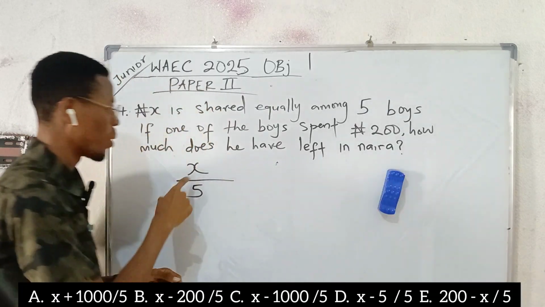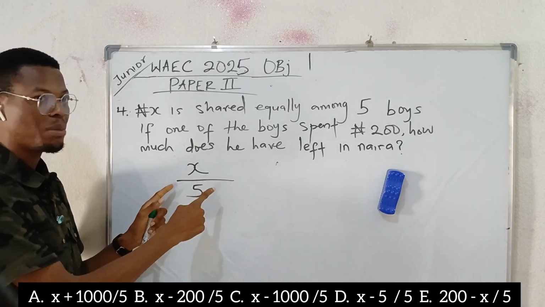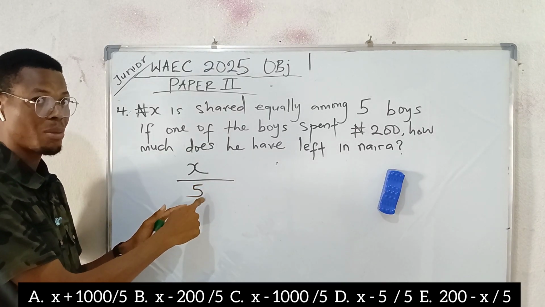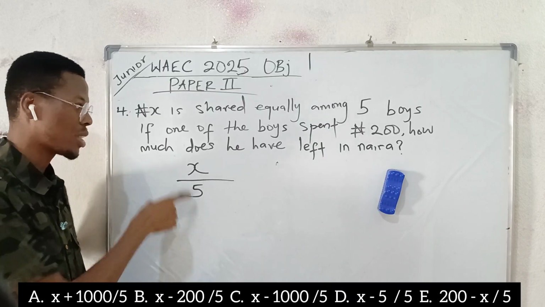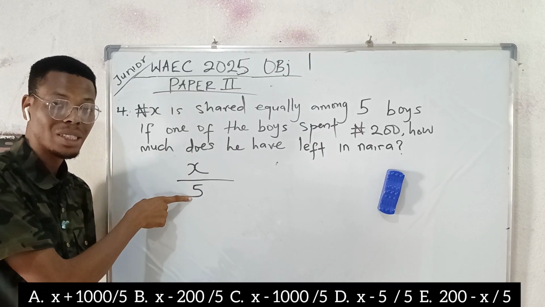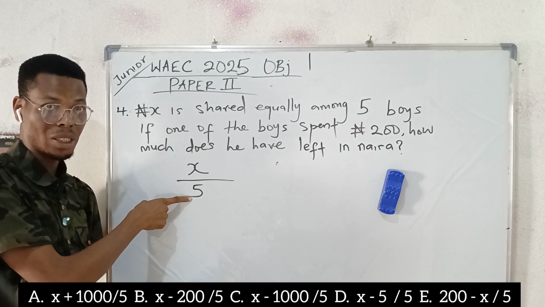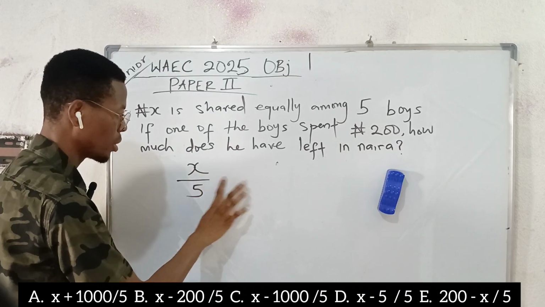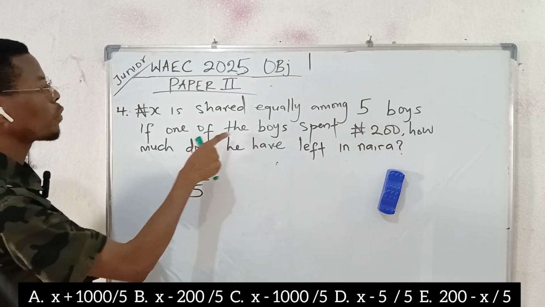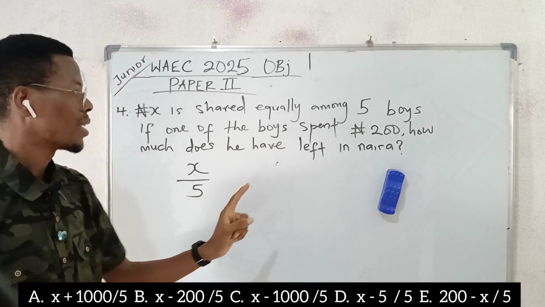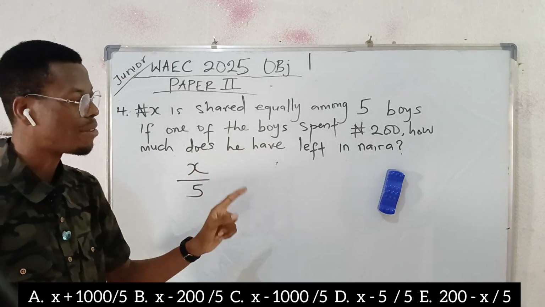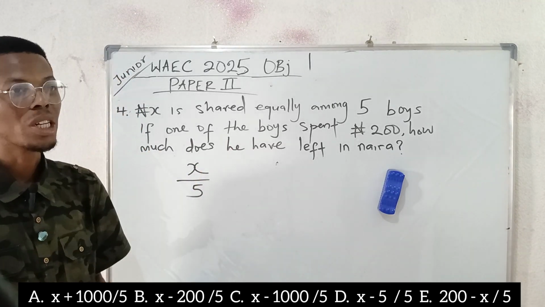So very quickly, x is shared among 5 boys. That means it is x divided by 5 to know the amount that was shared among them. So this is the amount that each boy gets. Are you getting it? Now, it says if one of the boys spends 200 naira, how much does he have left in naira? So what do we quickly do?